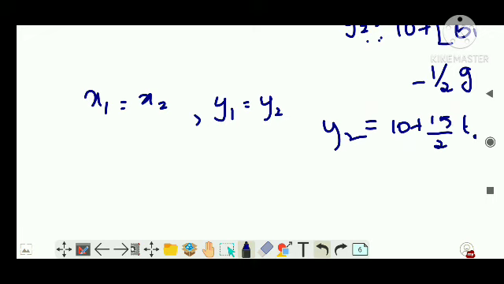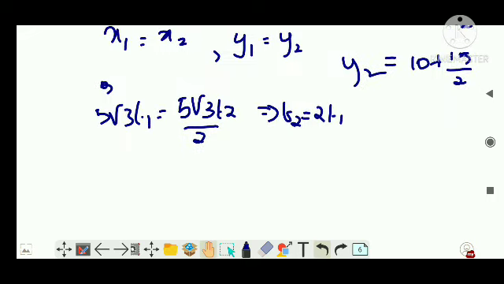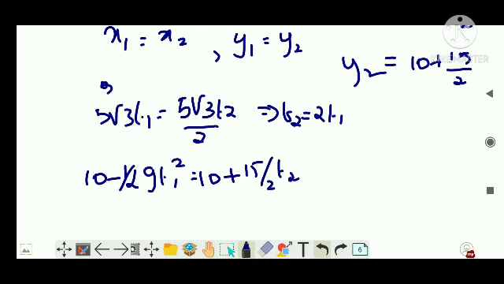So I can equate x1, 5 root 3 t1, equal to 5 root 3 by 2 t2. So I get t2 is equal to 2 t1. Similarly, the y equation: 10 minus half g t1 squared is equal to 10 plus 15 by 2 t2 minus half g t2 squared.